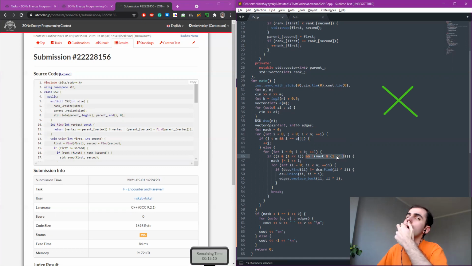Yeah, the problem may be that we don't take the correct one from every number.